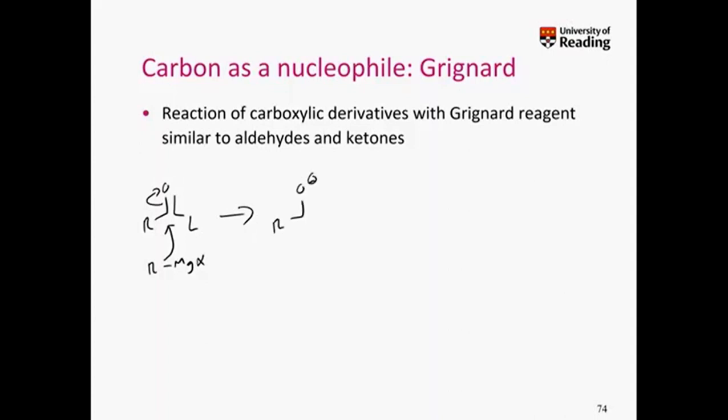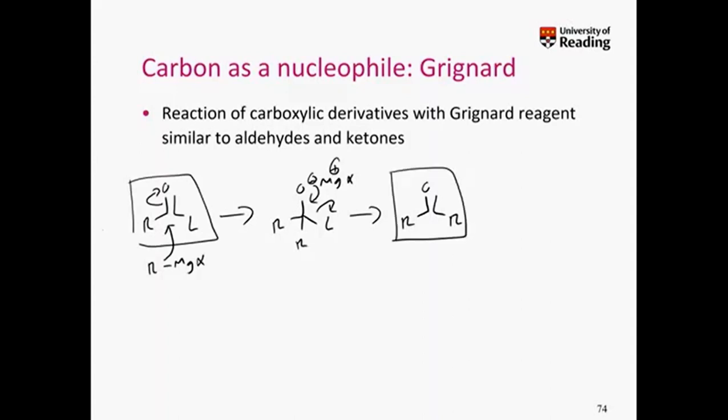We end up with our O minus, MgX plus complex. We have our leaving group. We have this other R group. We then reform the carbonyl carbon, kick out the leaving group. That gives us our ketone, and then of course we have the same problem, because we have one carboxylic acid derivative here, we have a second carbonyl here.